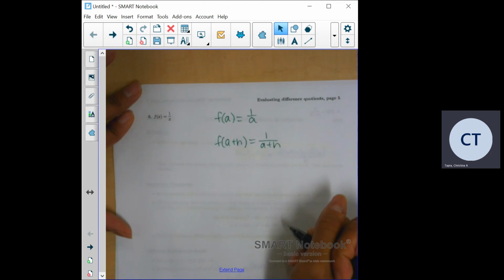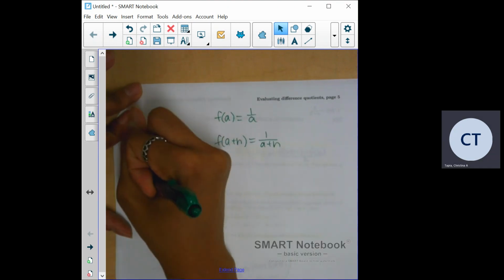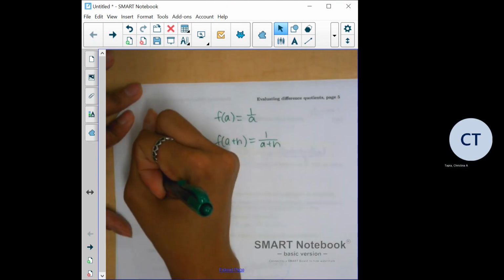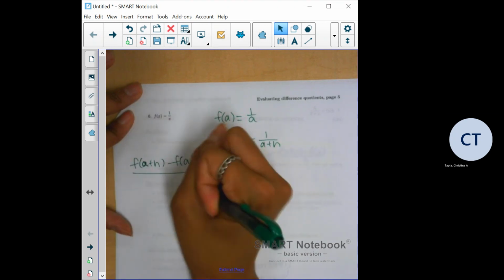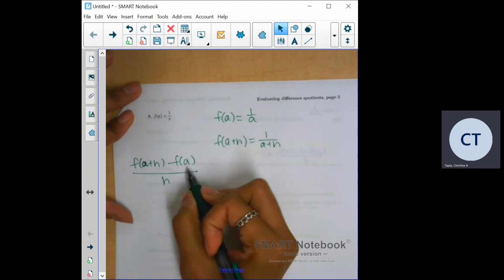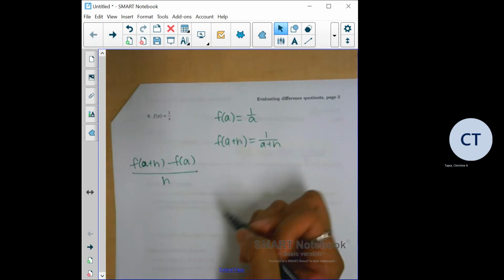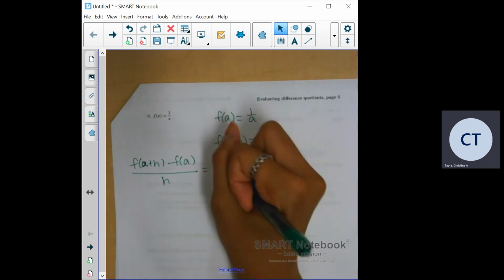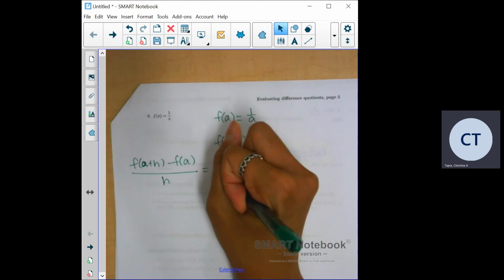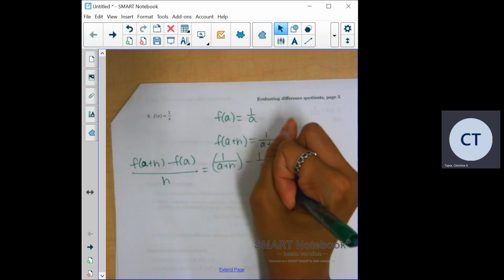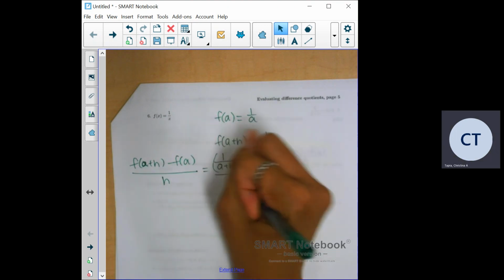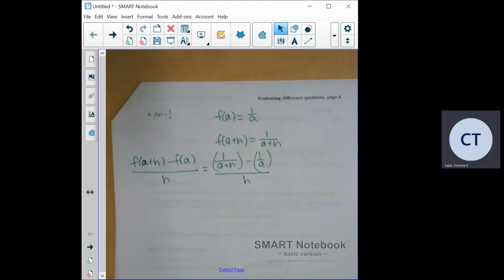Now I need to substitute it into my difference quotient. This is minus f of a. All right, so in my numerator, I'm going to have 1 over a plus h minus 1 over a. And we're going to divide all of that by h.